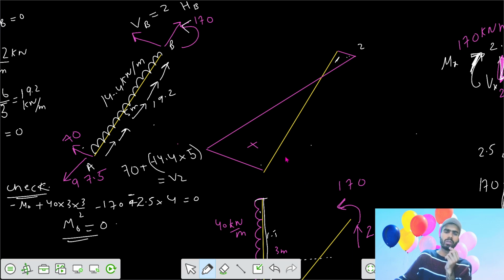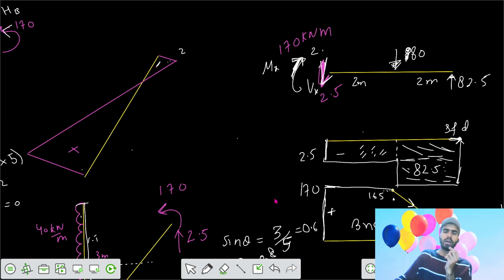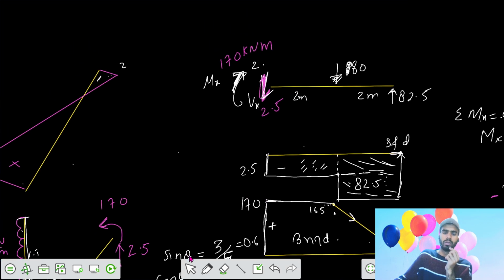So we got the shear force of this part, and we already got the shear force of this part also. So to make it a combined one, let's join. Let's say this is your member one, BD member. So the loading was that, and because of that loading we got that shear force diagram, negative 2.5.